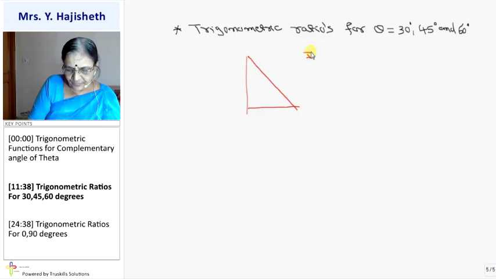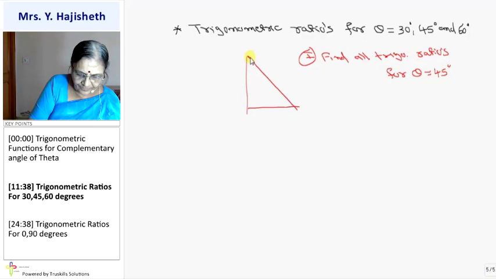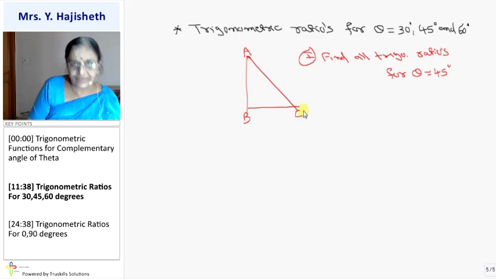First, find all trigonometric ratios for theta is 45 degree. Then we should construct a right angle triangle. A, B, C.